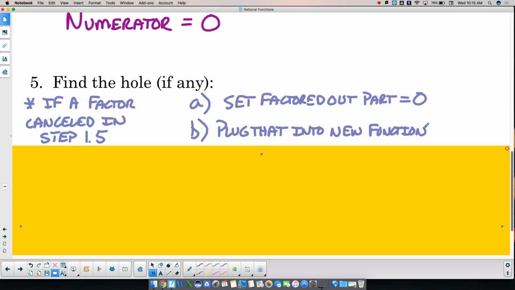Okay. On the list, what does it look like? A point, right? Okay. Where do I get those? So it's going to look like a point. No equal sign. Lots of equal signs in the hole on the formative that you took yesterday. The X part, where do I get that from? Of the hole.